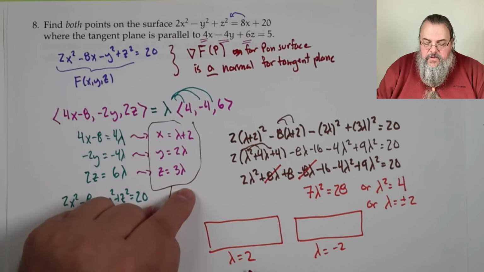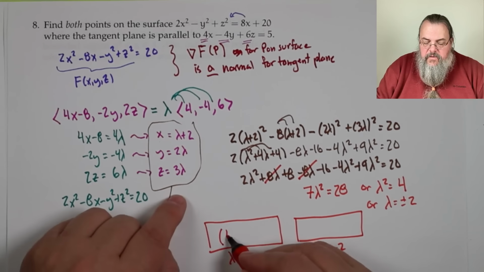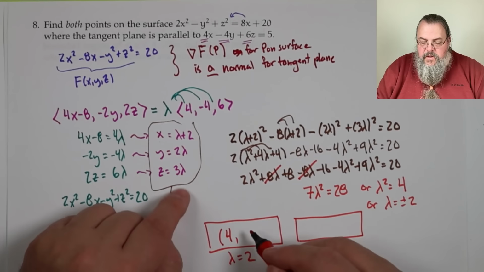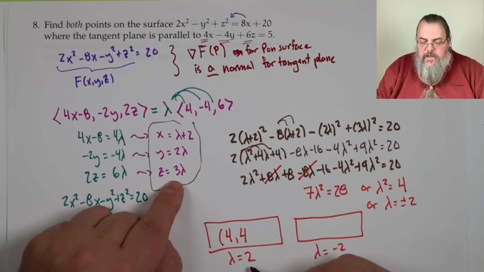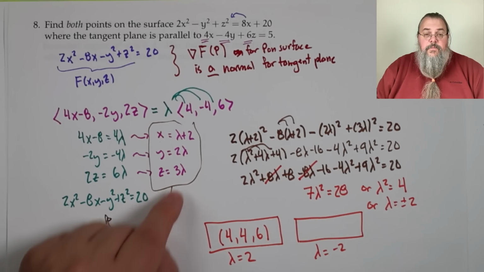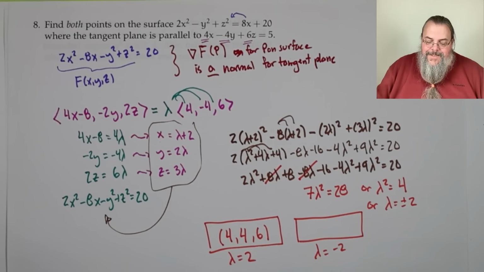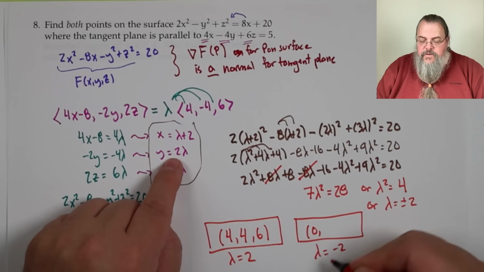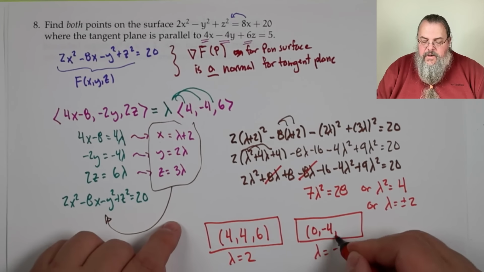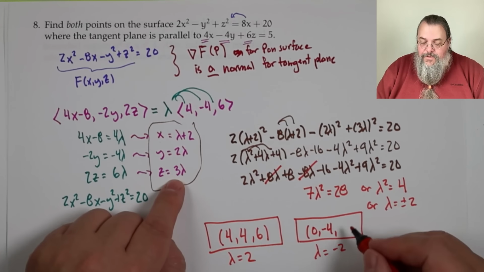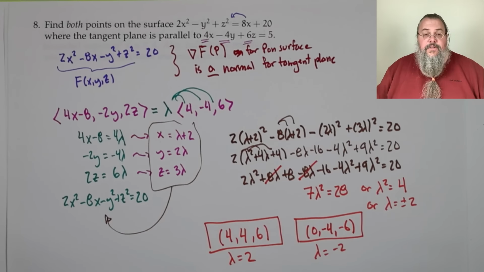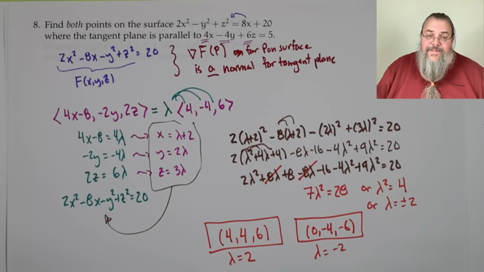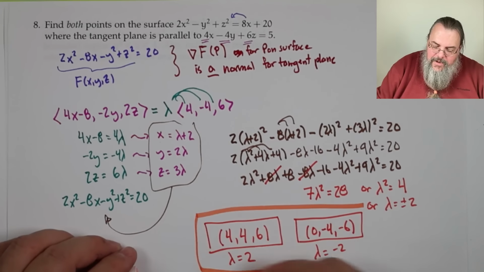For lambda equals 2, 2 plus 2 makes 4, 2 times 2 makes 4, 3 times 2 makes 6. So point number 1 is 4, 4, 6. Point number 2: negative 2 plus 2 is 0, 2 times negative 2 is negative 4, 3 times negative 2 is negative 6. And so 0, negative 4, negative 6, that's our second point. And we are done. We found both the points.